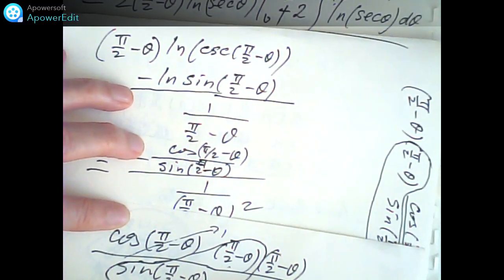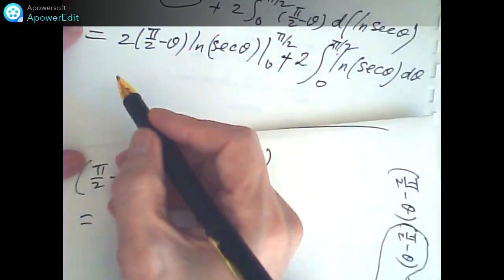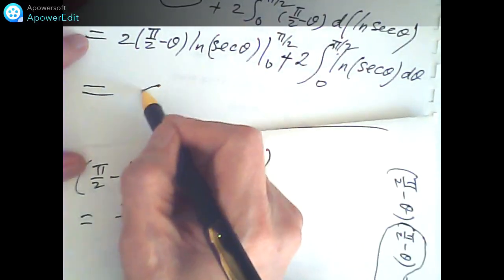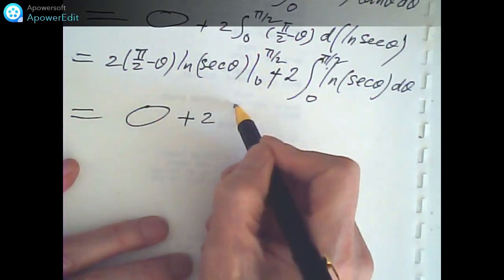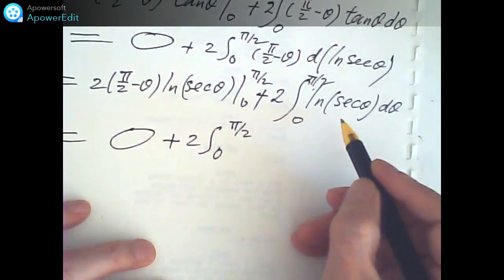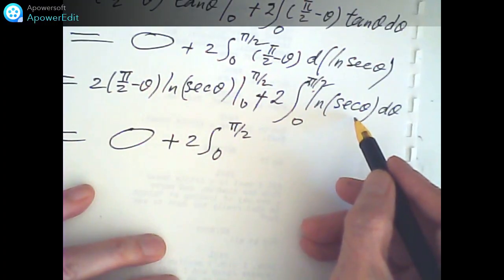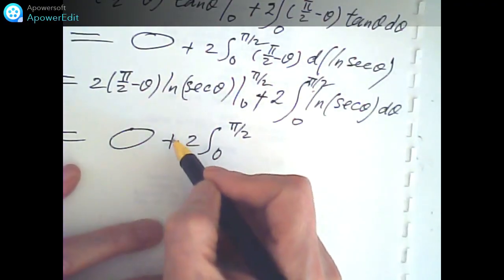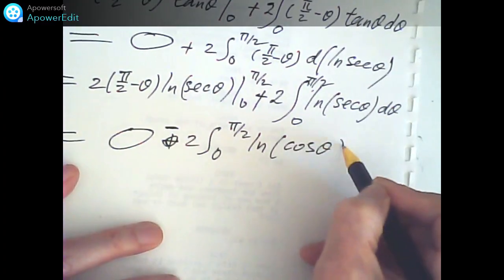This approaches 0. So everything's 0. When it's 0 it's easy, that's a 0. So now the integral becomes log secant is equal to negative log cosine, right? So I change this one to negative log cosine.